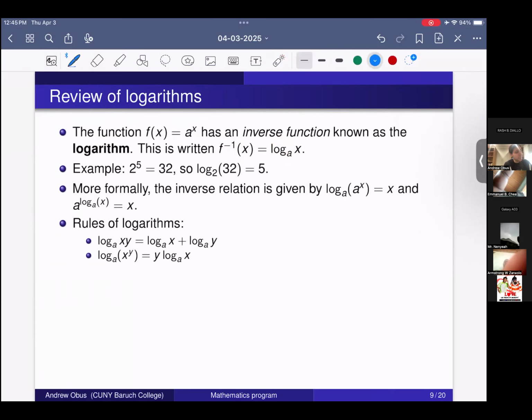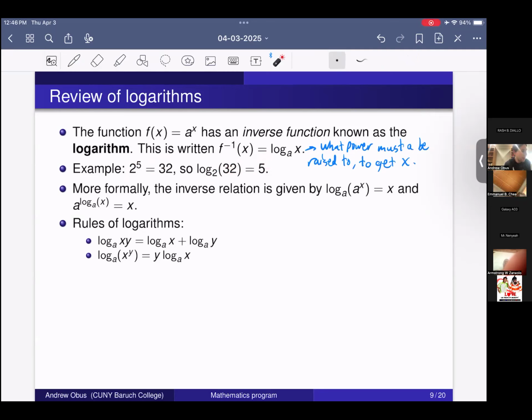So what this means is: what power must a be raised to get x? So 2 to the fifth is 32. That means that log base 2 of 32 is equal to 5. That's saying that you have to raise 2 to the fifth power in order to get 32. So this is what we mean by it.